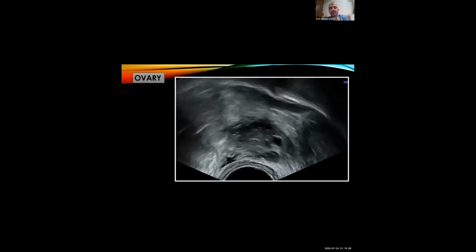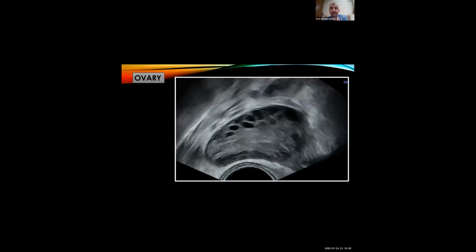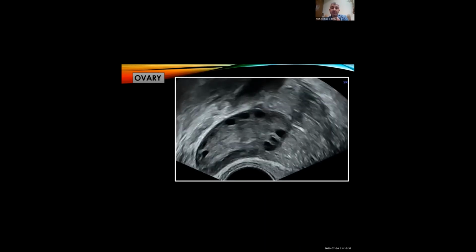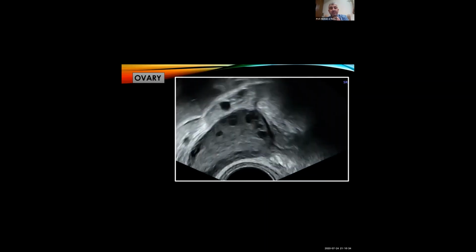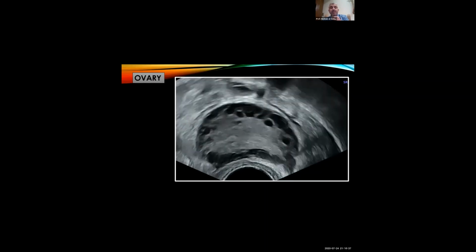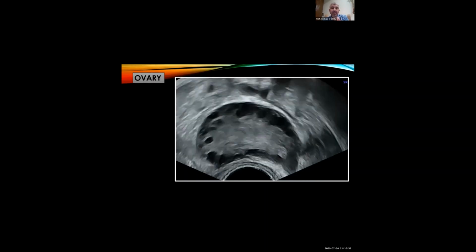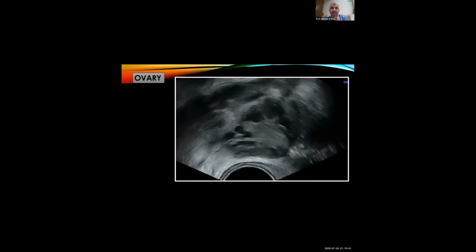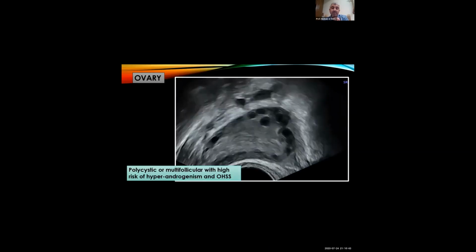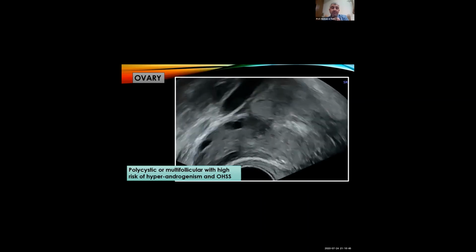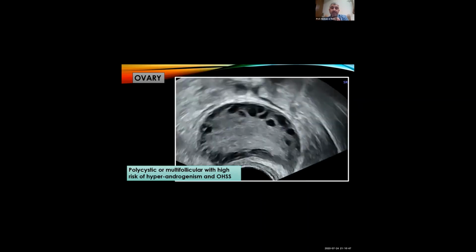A lot of debate is there about the number of follicles that you should count to say that this is a polycystic ovary. Should you call it a polycystic? Because patients start to say, oh, I have cysts, I have to get rid of my cysts. It's better to call it a multifollicular ovary with a high risk of hyperandrogenism.